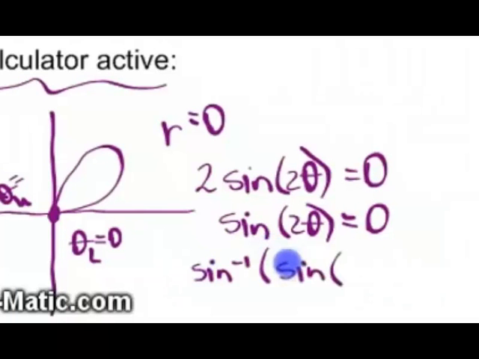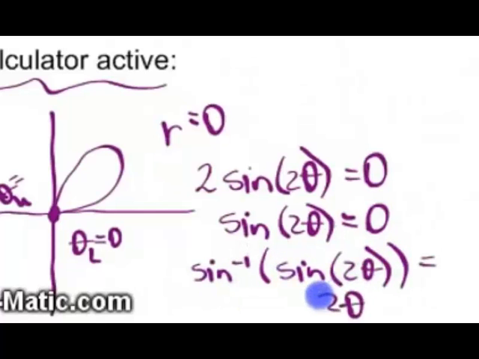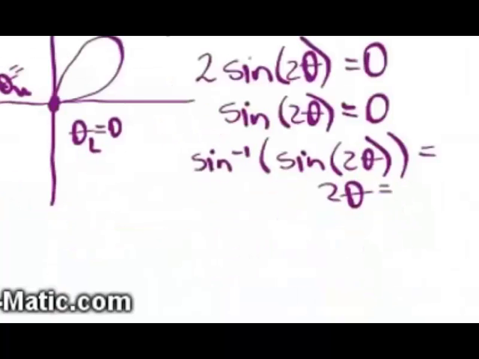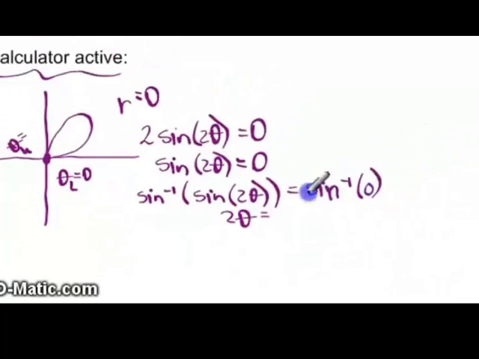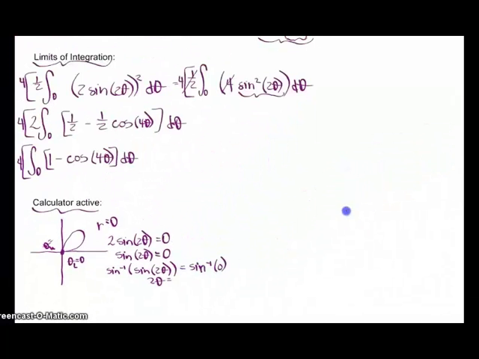The sine inverse of the sine of 2 theta on the left is simply 2 theta, since sine and sine inverse undo each other. On the right, I have the sine inverse of 0. So for what angle measures is the sine function equal to 0? Well, let's go back and draw our unit circle.